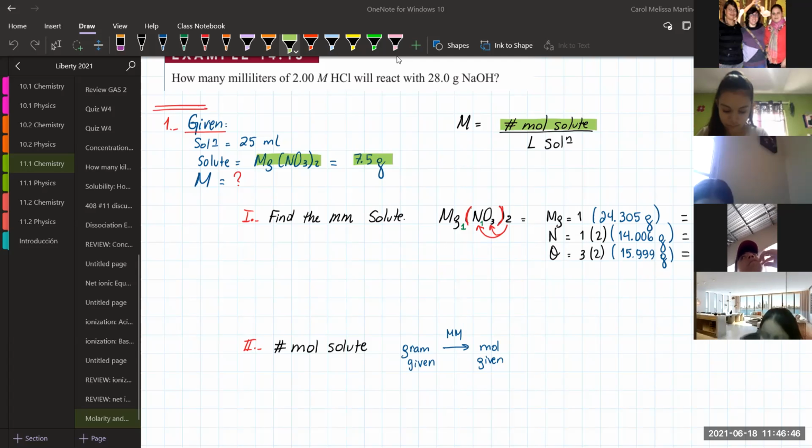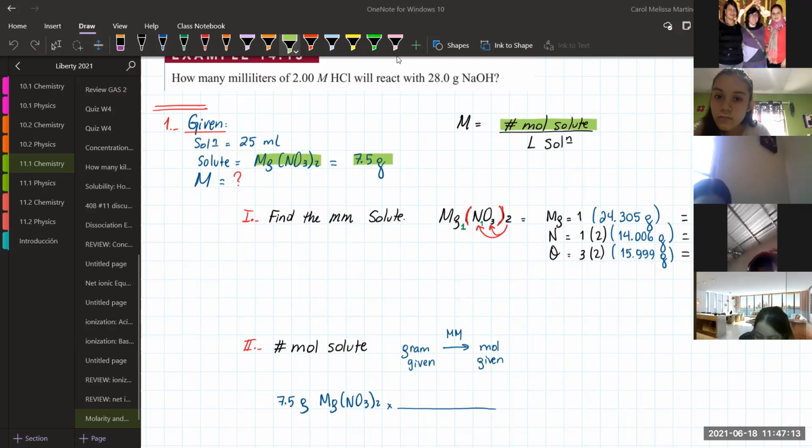So we say 7.5 grams of magnesium nitrate, and now I'm going to be using the molar mass as a conversion factor. Where am I going to place the number of moles, up or down? Up. So in 1 mole of magnesium nitrate, I have a mass that is 148.31 grams of the same substance, magnesium nitrate.